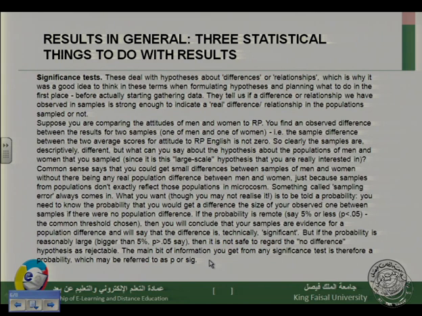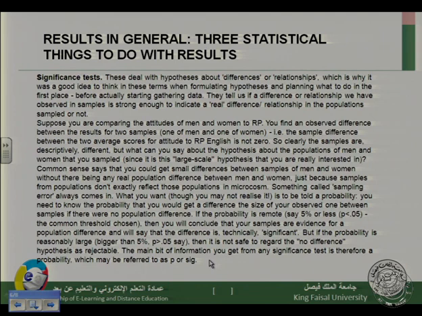Significance test. Here I talk about these significance tests. These deal with hypotheses about differences or relationships, as I explained before. Either we want to reach some kind of difference or relationship, which is why it was a good idea to think in these terms when formulating hypotheses and planning what to do in the first place, before actually starting gathering data.